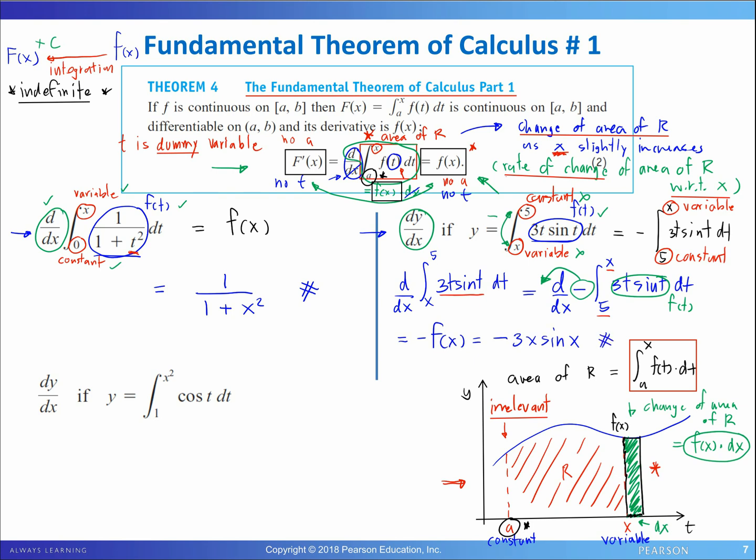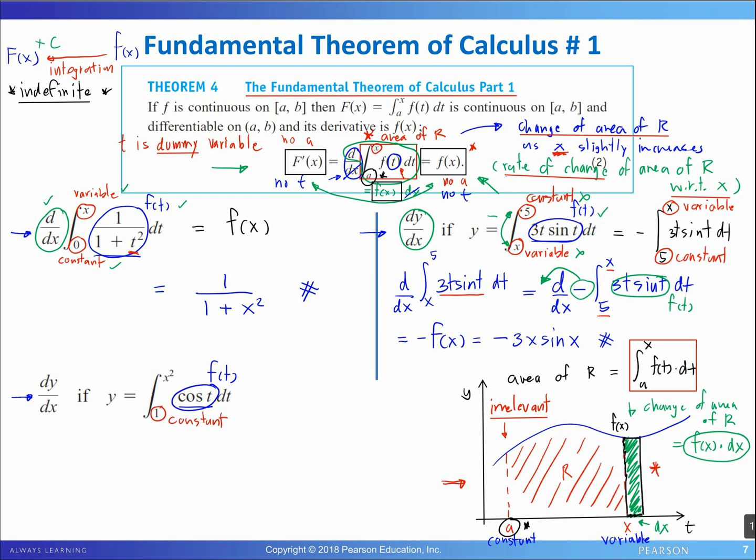Now let's move on to this one down here. Let's take a look at what we have. So we have an integral of this term, cosine t, which we know by now is a function of t, f of t. And the integral starts at a constant, which is good, same as the formula. Constant here.